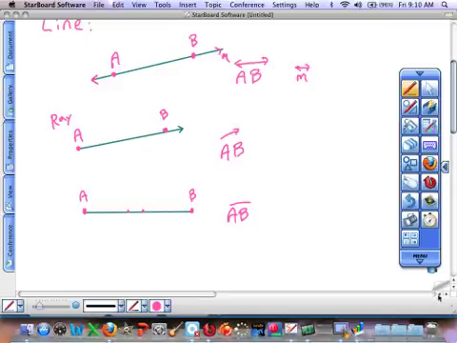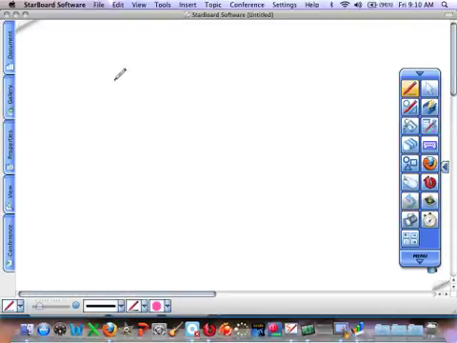All right, the next thing I want to talk about is a little bit of symbolism you guys might see. What does that mean? You know? It means perpendicular. What does it mean to be perpendicular?